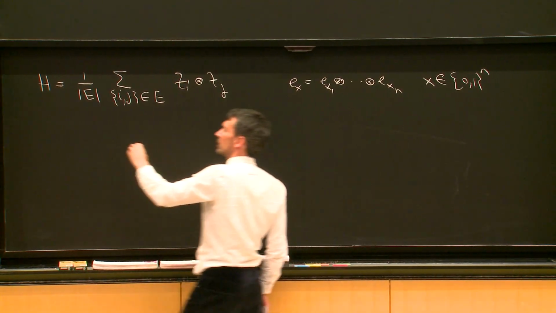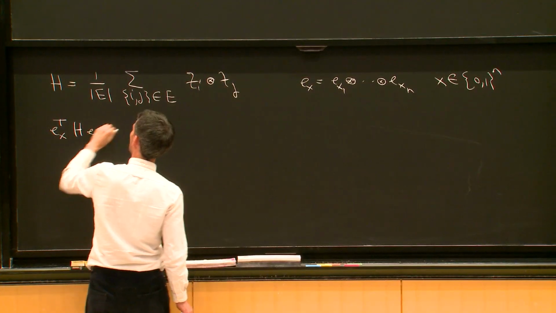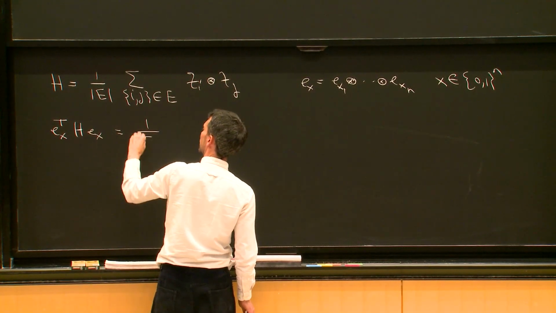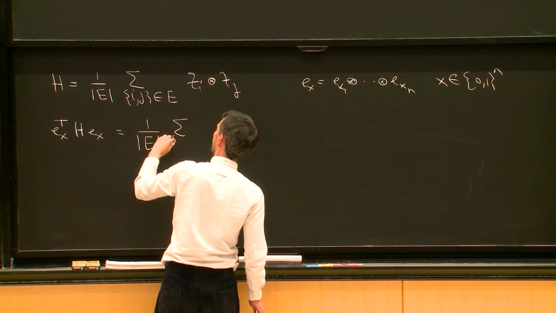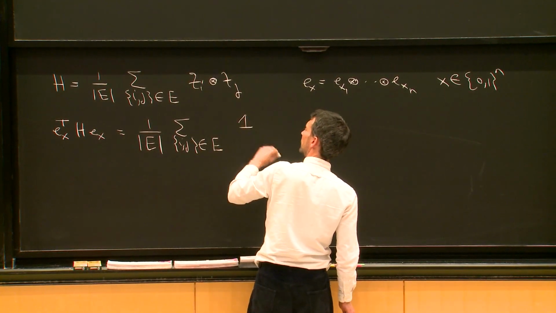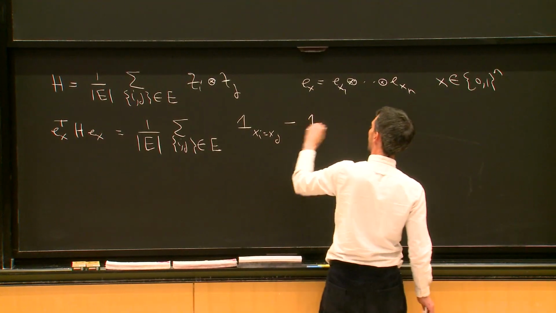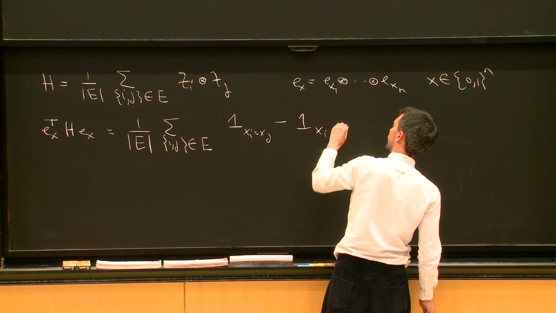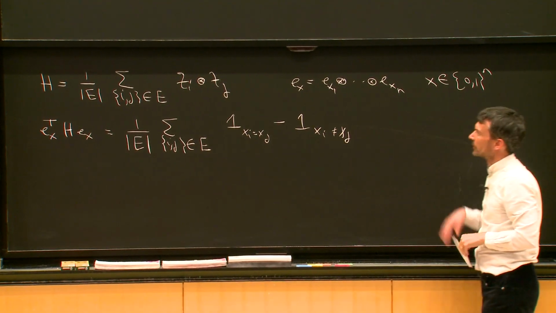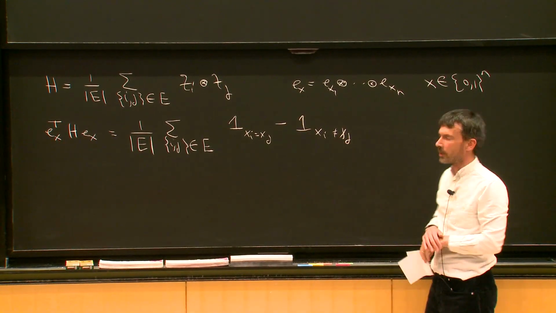And I can compute the overlap of that particular vector on H. By linearity, it's going to be the sum over ij in E, and here I will have +1 if xi is equal to xj, and -1 if xi is different from xj. So I will say that this basis state has this number as its energy with respect to the Hamiltonian.